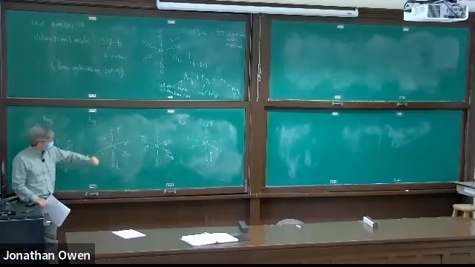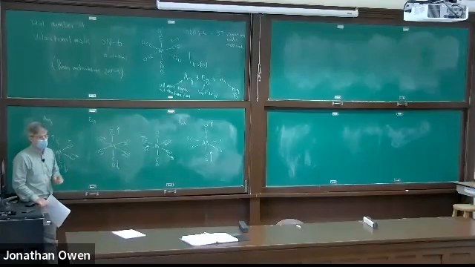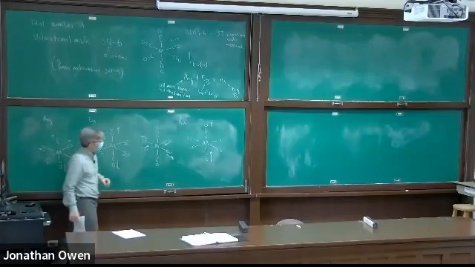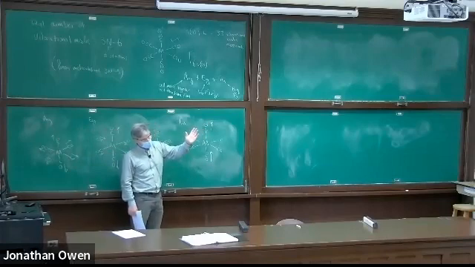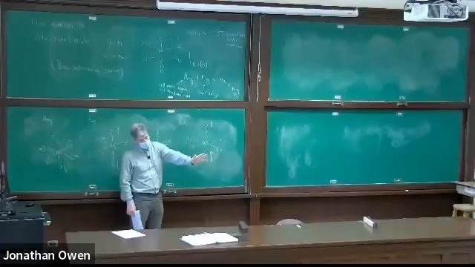Which of these has a net dipole moment? Which motion induces one? T1U. What's the charge on this oxygen here? Relatively speaking, there's this resonance structure depiction we made where you push electrons out onto the carbon.